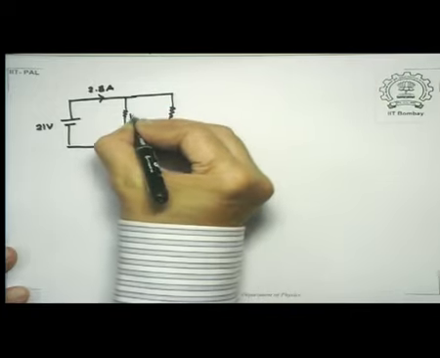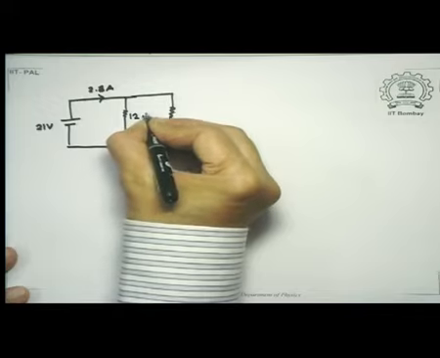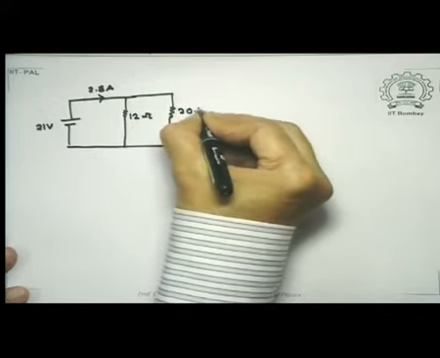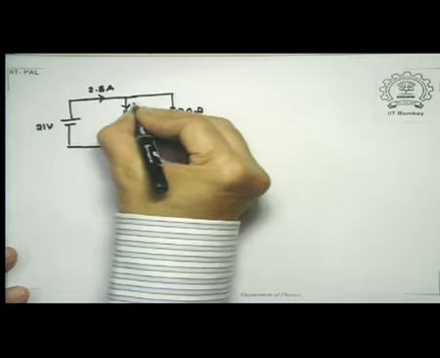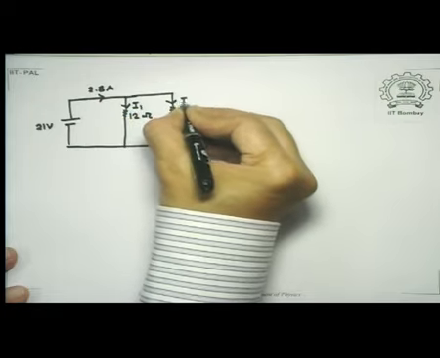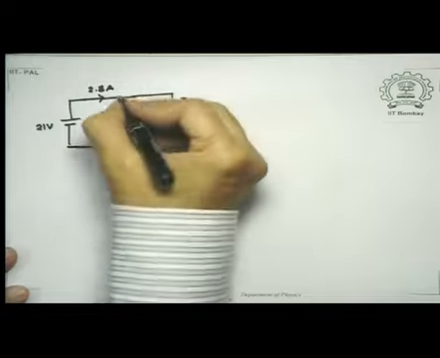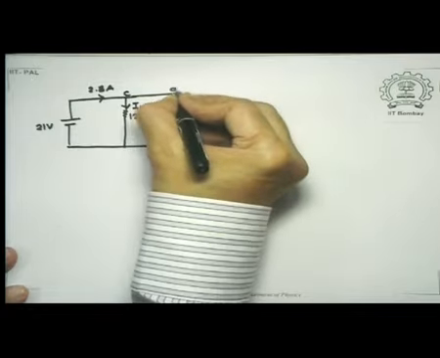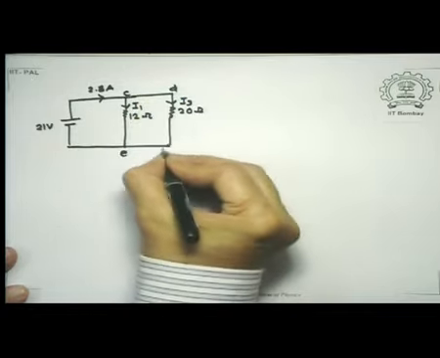This is 12 ohms, this is 20 ohms, we call it I1, we call this I3. So this point is C, D, E, F.